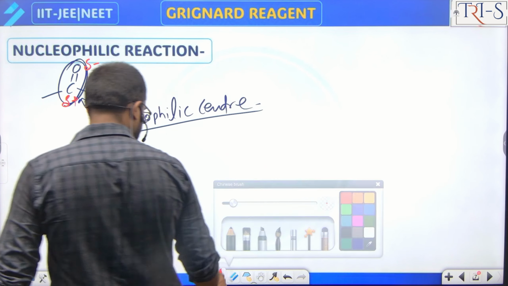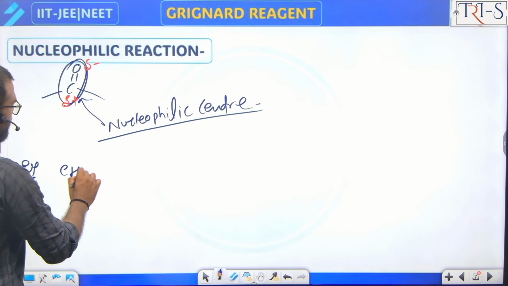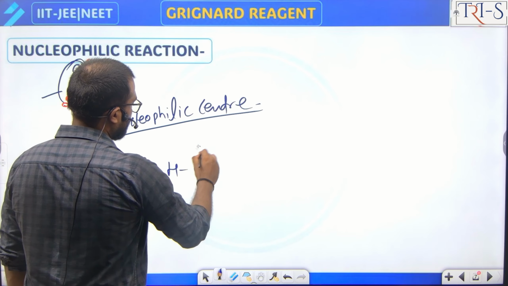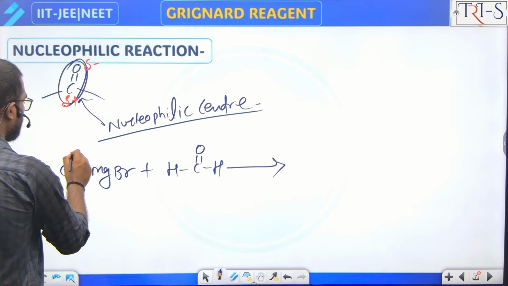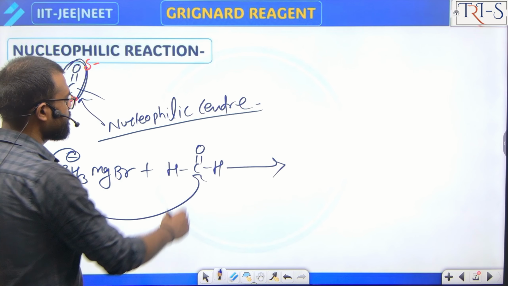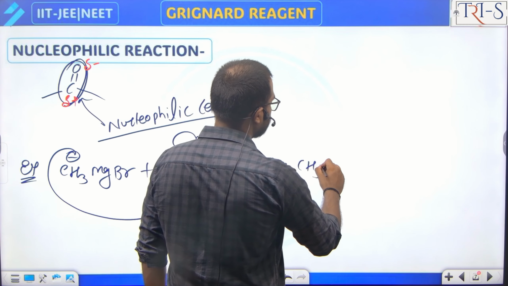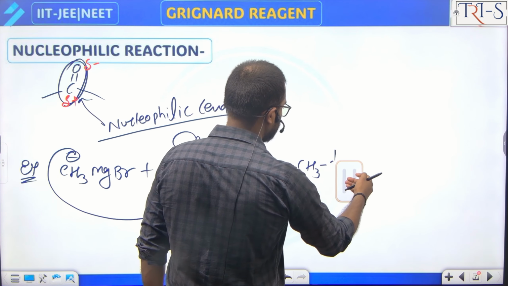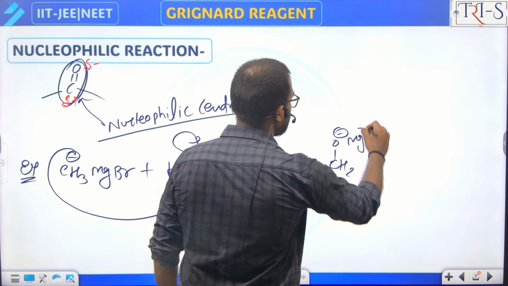Like if we take some example, Grignard reagent CH3MgBr reacts with formaldehyde, then CH3 minus can react on this nucleophilic center, and the pi electrons will shift onto oxygen, the more electronegative atom, giving CH3CH2O minus and MgBr plus.